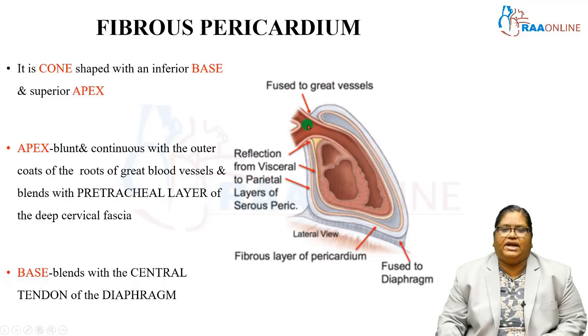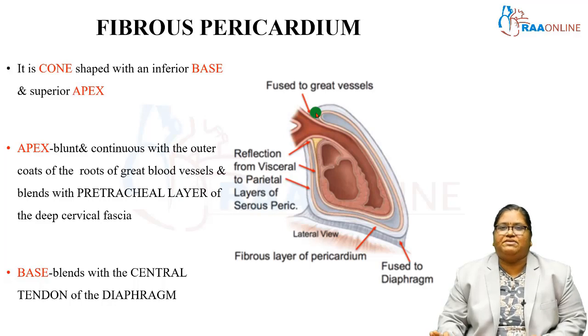The apex, if you look, is very blunt and continuous with the outer coat of the roots of the great blood vessels. So what is the outer coat of the blood vessels? As we know, it is the tunica adventitia. So the apex is blunt and fused to the outer coat of the roots of the great blood vessels and blends with the pretracheal layer of the deep cervical fascia.